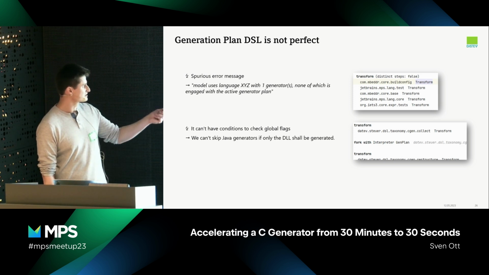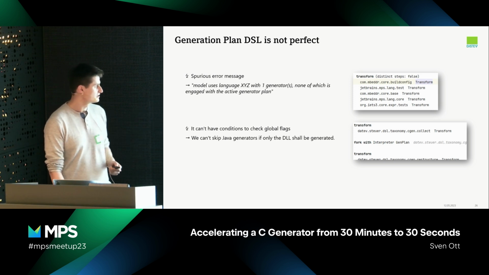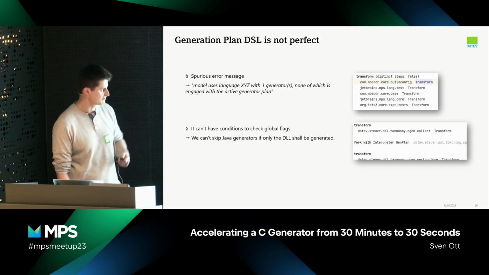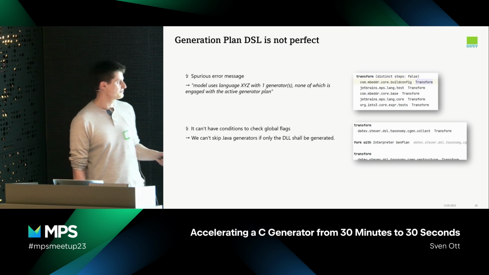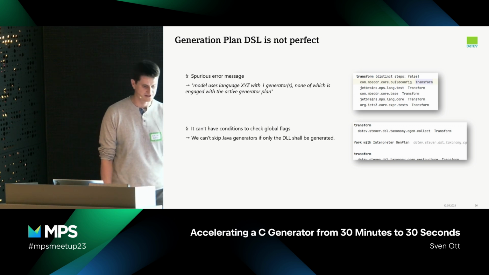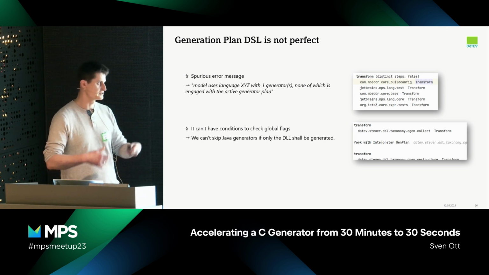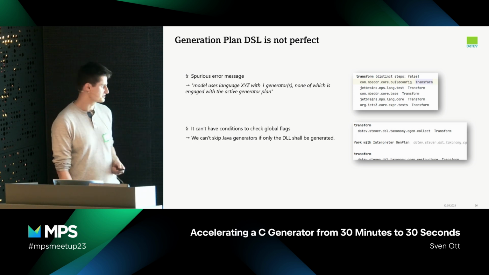But to satisfy the model checker and avoid this error message, which you can't suppress, unfortunately, because it's not executed on the fly in the editor, we have to add an additional transformation step at the end, calling those 5 generators, which again takes time because we have passive generators in our generation toolchain.